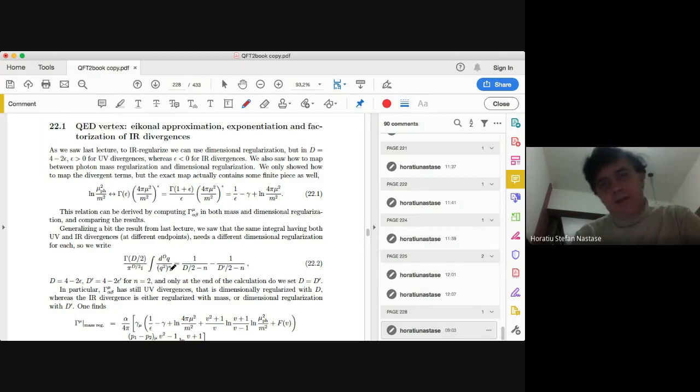So note that this particular integral in dimensional regularization is actually 0, right?